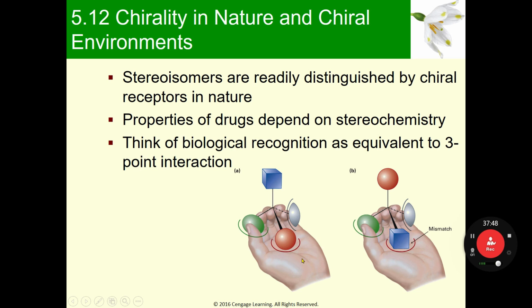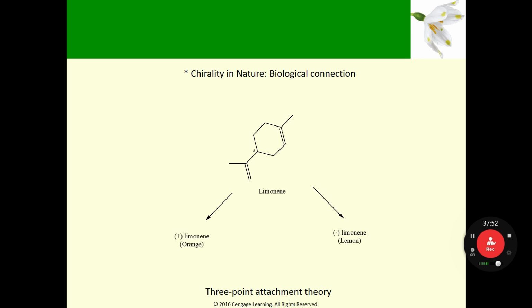Now, in this case, your hands are just like the cells that recognize the taste, which are chiral molecules, just like your hands. So they can distinguish the chirality here, plus or minus, and they sense a different taste.